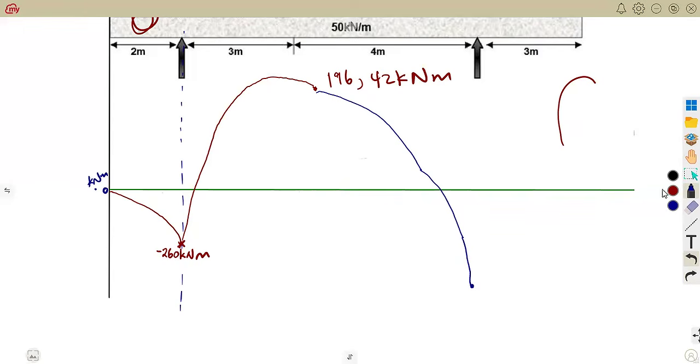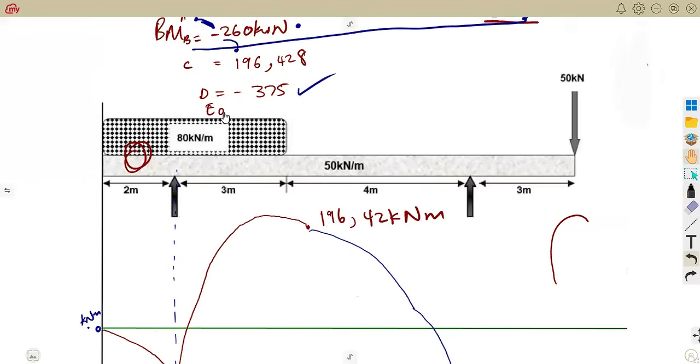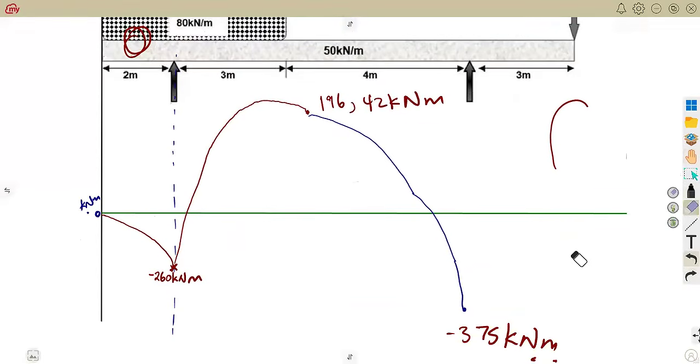Let's say this is where we have negative 375 kilonewton meter. Then finally to E. Remember, it's distributed, so as it goes from the point D to the point E, which is at 0 on the ground, it's still a curve, like that. It's now at 0 kilonewton meter.